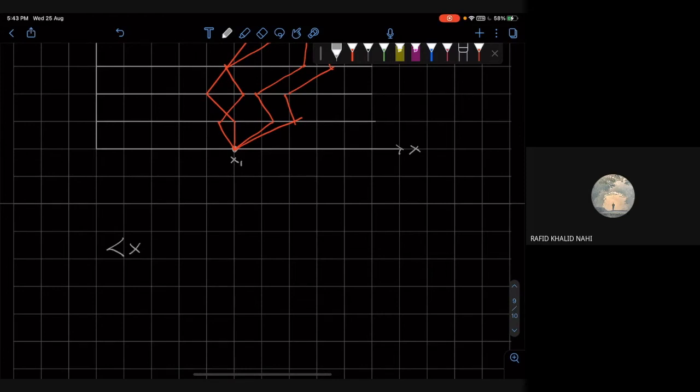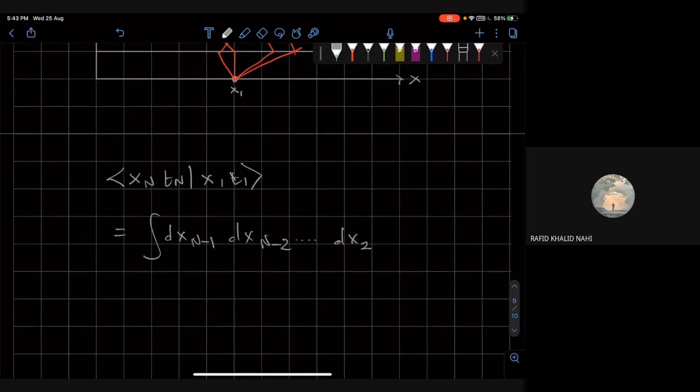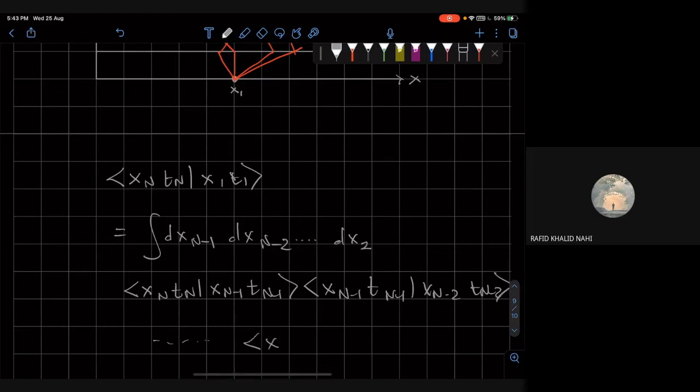If I take the propagator from the final coordinate xn, tn, and the initial x1, t1, we insert in it n minus 1 intervals: dx n minus 1, dx n minus 2, dot dot dot, dx2, and then we have xn tn, xn minus 1 tn minus 1, xn minus 2 tn minus 2, dot dot dot, all the way down to x2 t2, x1 t1.